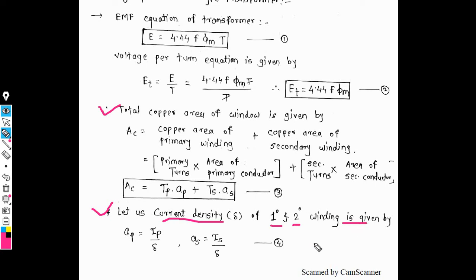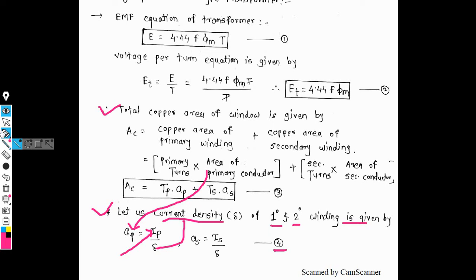Then Ap is equal to Ip upon sigma and As is equal to Is upon sigma. This is called equation number 4.